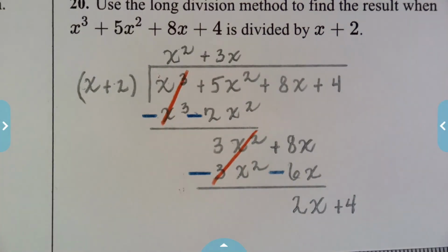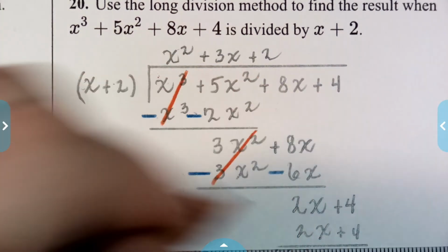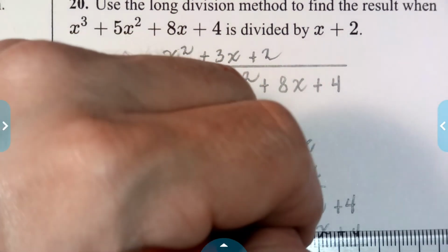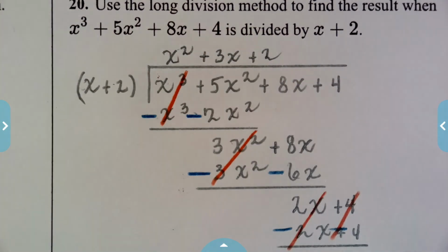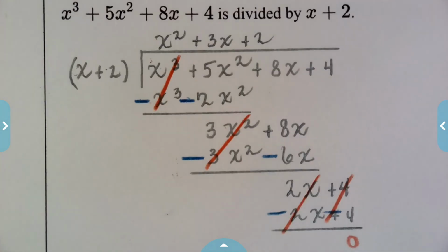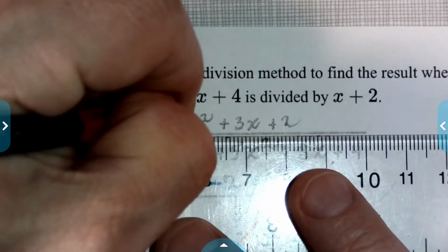Okay. So plus 2 gives me 2x plus 4. And I know that I'm going to cancel those out, leaving no remainder. Okay. And so this is the quotient with no remainder.